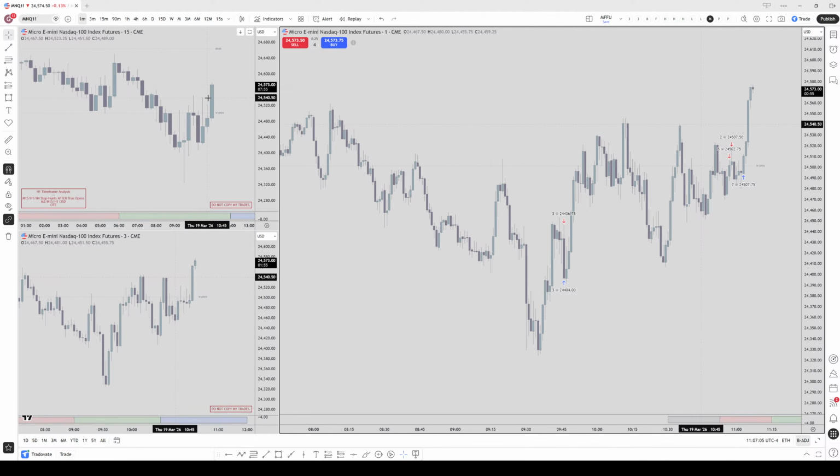Unable to trade lower. We'll see if the 15 minutes wants to close above this high.